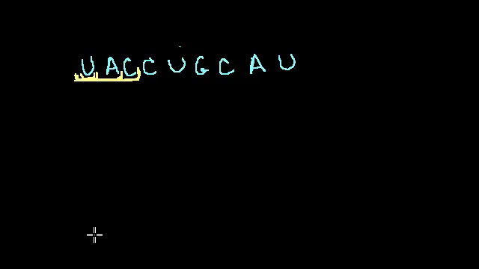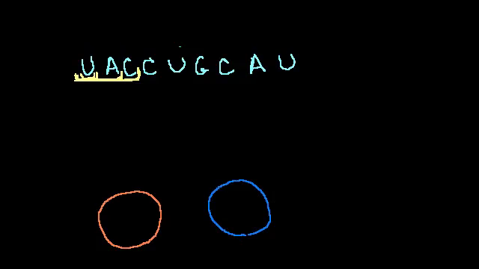And tRNA molecules are almost like the trucks for the amino acids. So let's say I have some amino acid right here, and then I have another amino acid right here, and then I have another amino acid like that. They'll be attached to tRNA molecules.